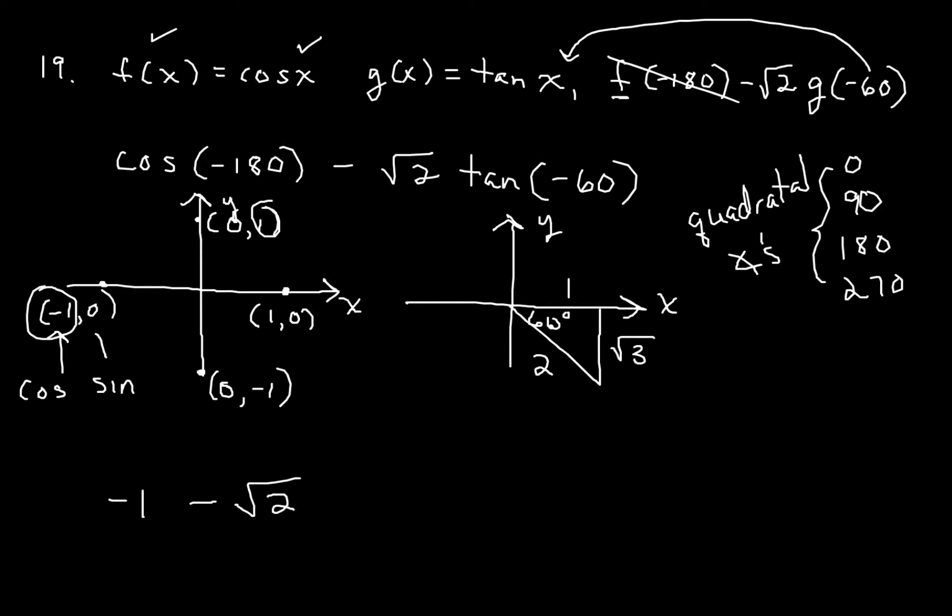We're doing tangent, which is opposite over adjacent, so it's the square root of 3. It's going to be negative because we're going down on the y-axis, so it's going to be negative square root of 3. So your final answer is going to be negative 1 plus root 6.